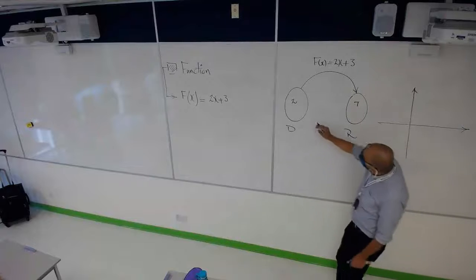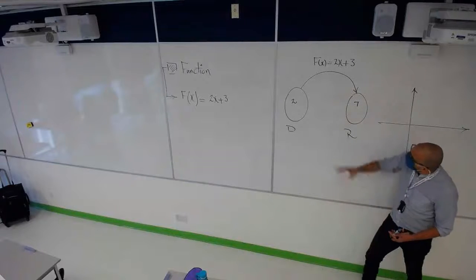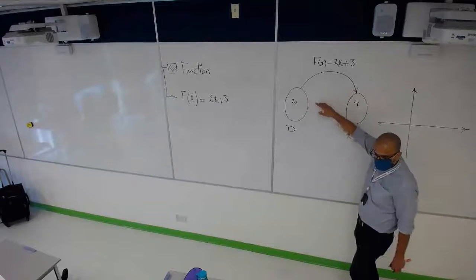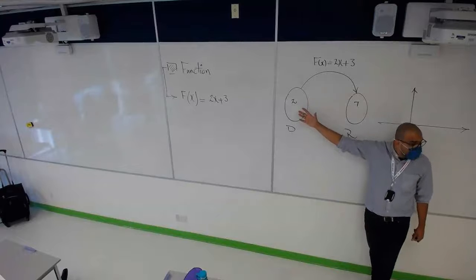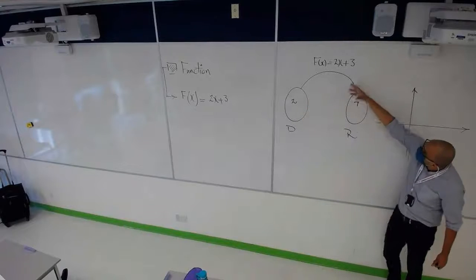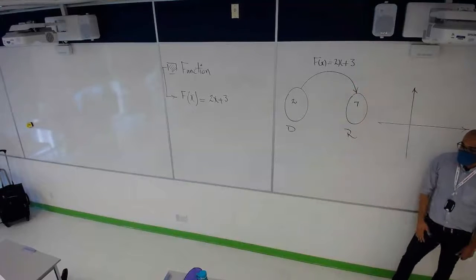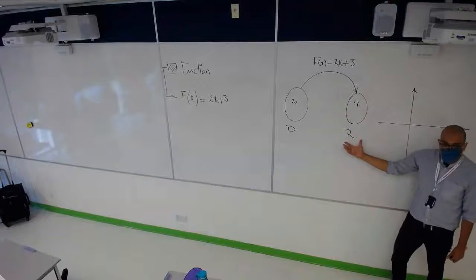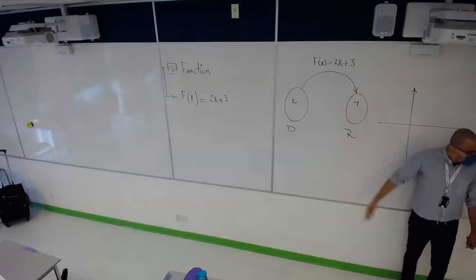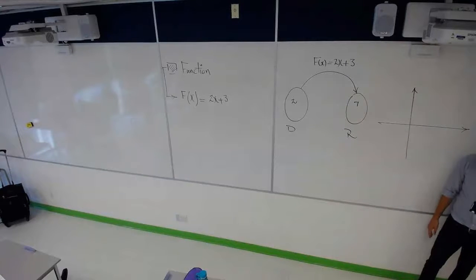I don't want to put some inputs there, call it the domain, look at the transformation result mapping, and call it the range. I'm not going to do that, because that is going to be so time consuming.